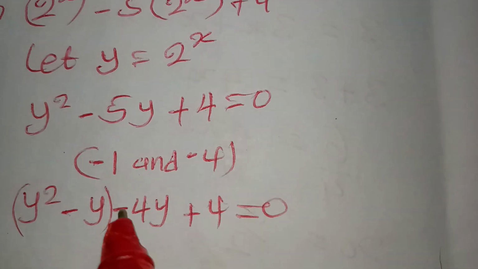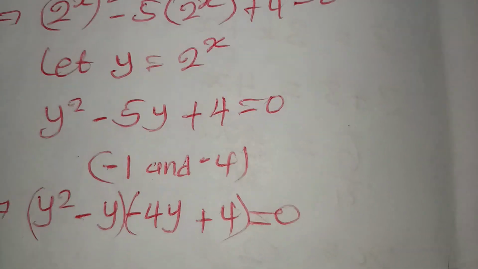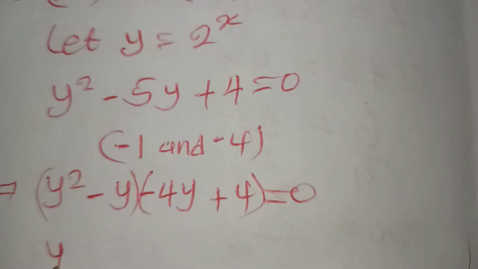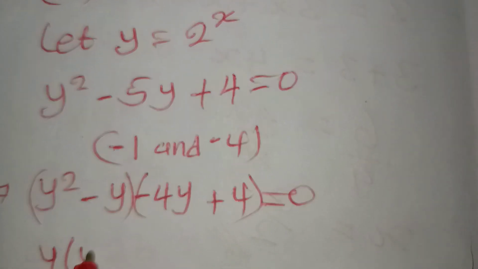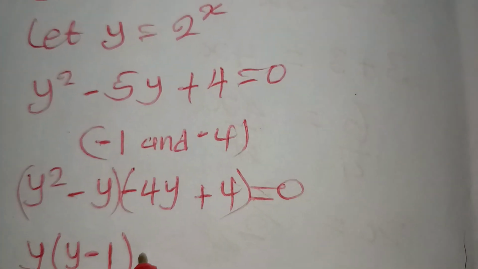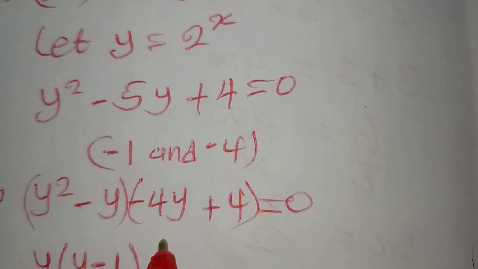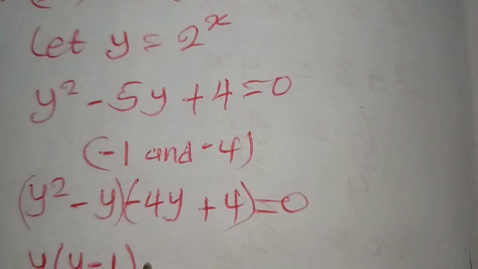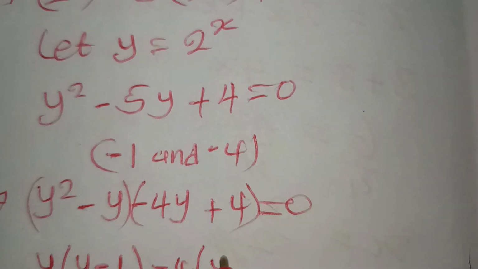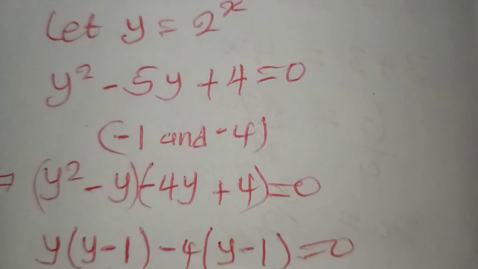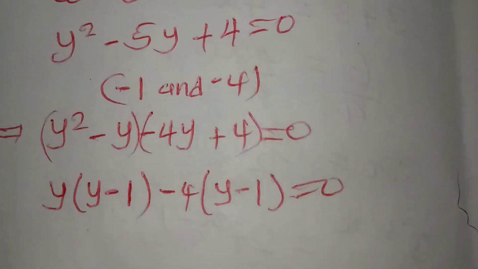We can put these terms in brackets, so now factorization comes in. We factor y out, we have y minus 1. Then we factor negative 4 out, and we have negative 4 in parentheses y minus 1, equated to 0.